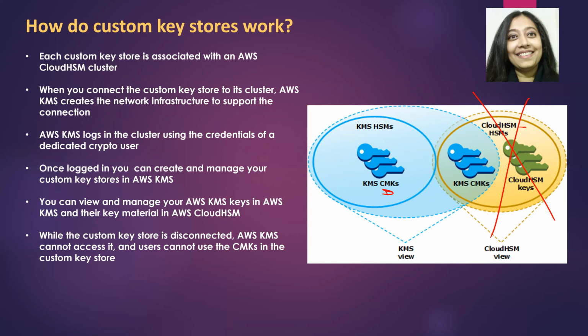The key material is stored here, and for you to use this key, you need to go and get the key material. And the connection that KMS creates, the infrastructure that it creates, along with the credentials, that particular user will not be able to log in and get the key material for your key. Hence, you need both of these to work together.